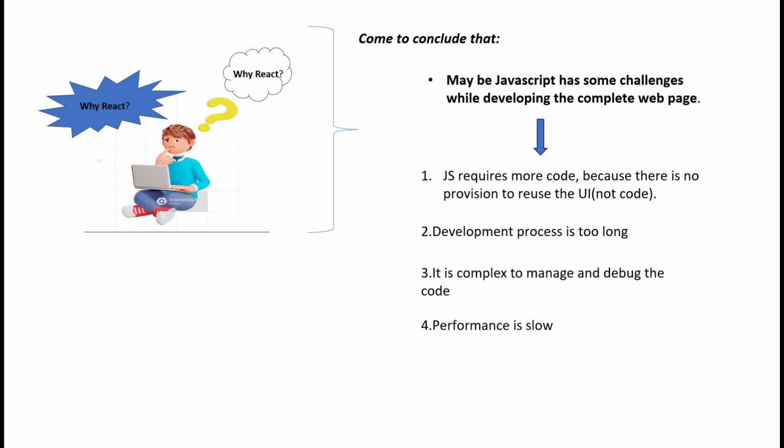Suppose if anybody wants to go for a second option, the first option may have some problems. That's why you plan to think about other options. So, what are the challenges that he has to face?